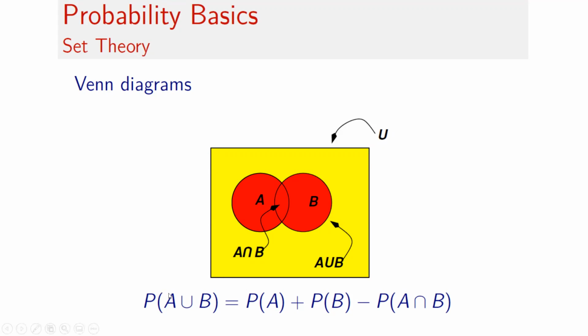Okay, so we can see that the probability of capital A union capital B, we have these two events, is the probability of capital A plus the probability of capital B. But remember to not take into account this overlapping part two times, or twice. We have to subtract the probability of this overlap. Okay, that is what we are doing here.